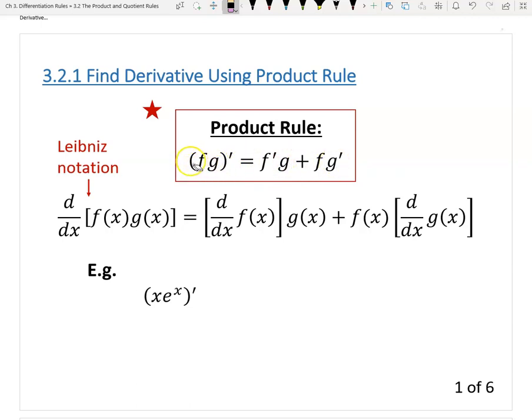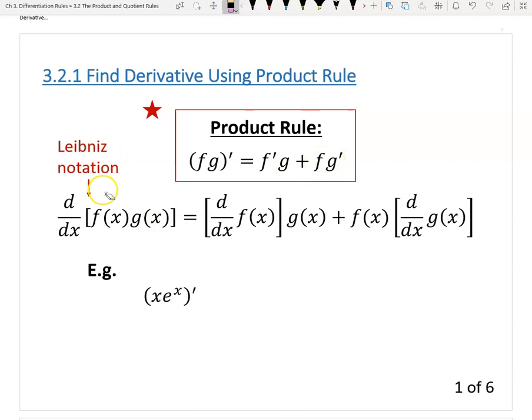The left side is f times g, so on the right side we also use f times g, f times g. I hope you understand. If you like another form, no big difference, exactly the same. Use whichever form you like. So we keep this form: the same order of the first function, the second function, the first derivative, the second function, the first function, the second derivative, like this.